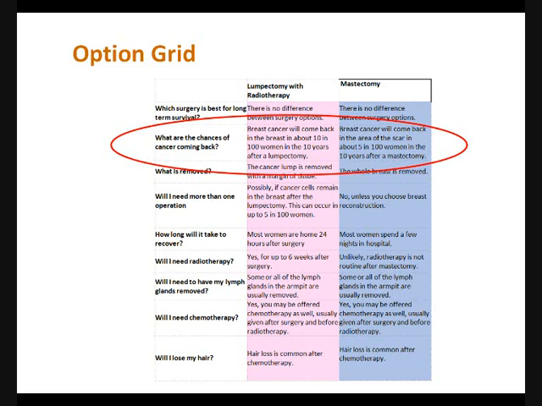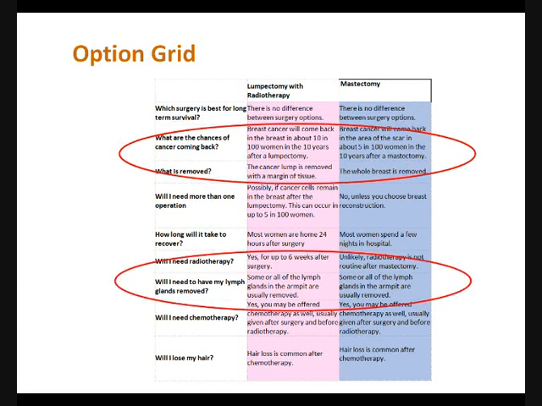You can compare what it's like in mastectomy with what it might be like in lumpectomy, and you see the difference in rates, 5 in 100 versus 10 in 100, and immediately the patient is able to compare these 2 options. Here's the other change would be whether or not you have radiotherapy or not in these 2 choices.